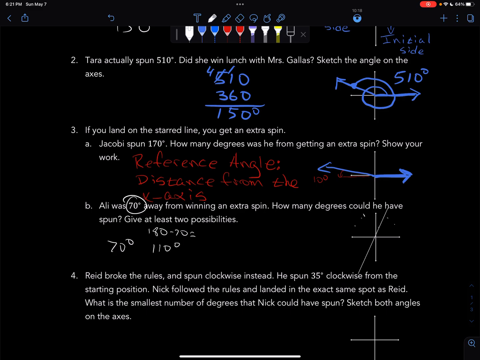So then we can draw that line in and try to go through the origin. And then we can label here. So we can think about doing 180 plus 70, which is going to give us 250 degrees.